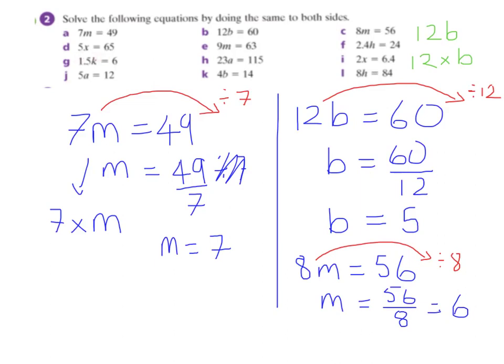So try that one, this one. It's just a decimal point, okay? So you can use your calculator, but it's 24 divided by 2.4. But if you can do that one, if the decimal points are a bit hard, that's okay.